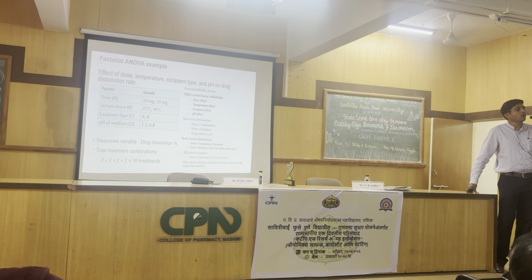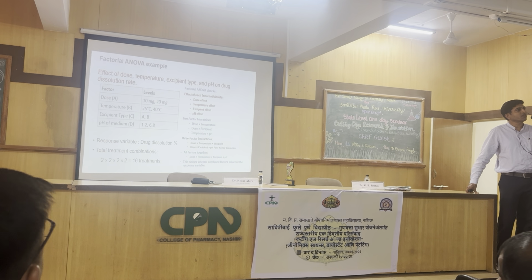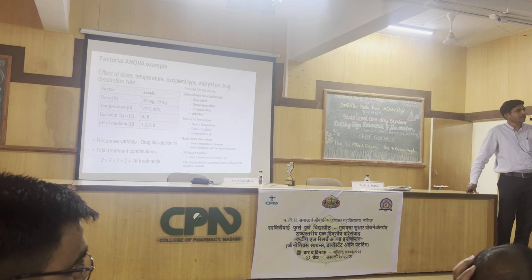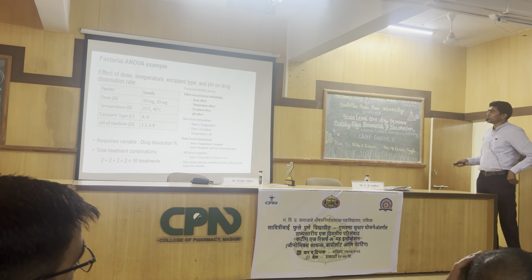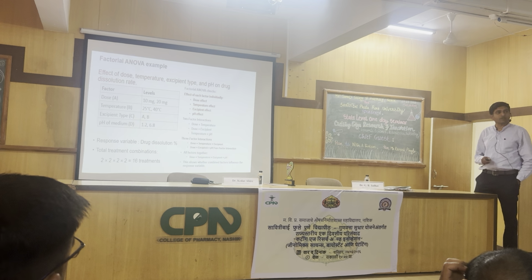So when we get a whole number measurement, that is a discrete scale. When we get values in decimal points, that is considered continuous, like the height of a person. It can be 160.23 centimeters, so it becomes continuous. So the response variable is always measured on the continuous scale.